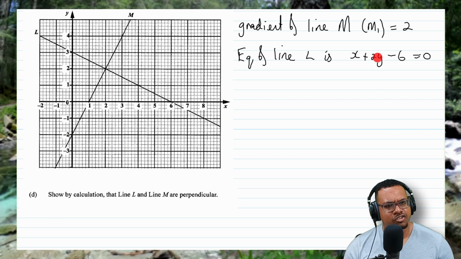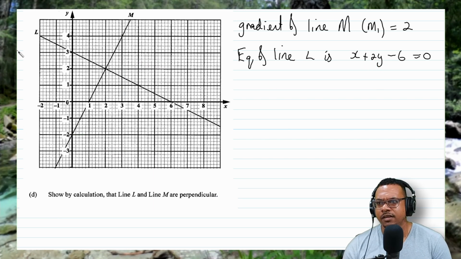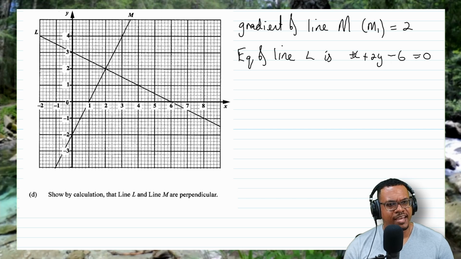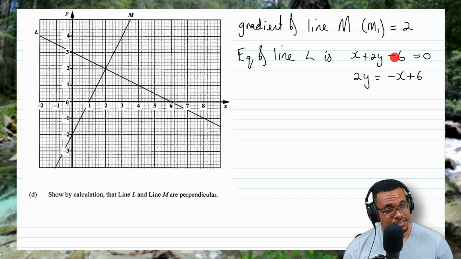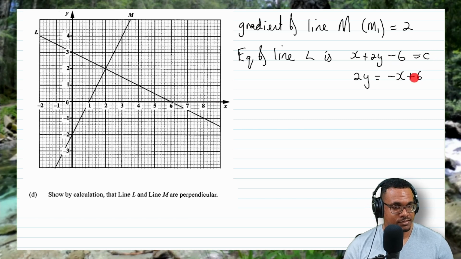And now what we'll do, we'll transpose for y. So we'll carry both the x and the negative 6 across the equal sign. So we'll have 2y is equal to negative x plus 6. That's positive x went across the equal sign to negative x, and negative 6 went across the equal sign and turned positive 6.